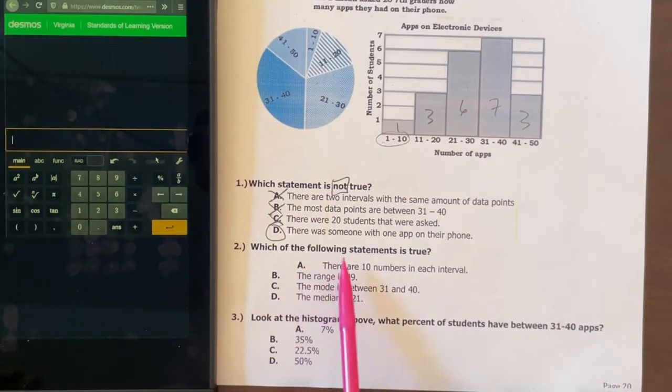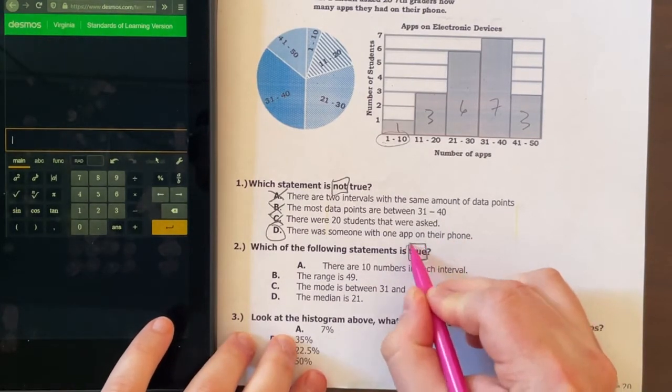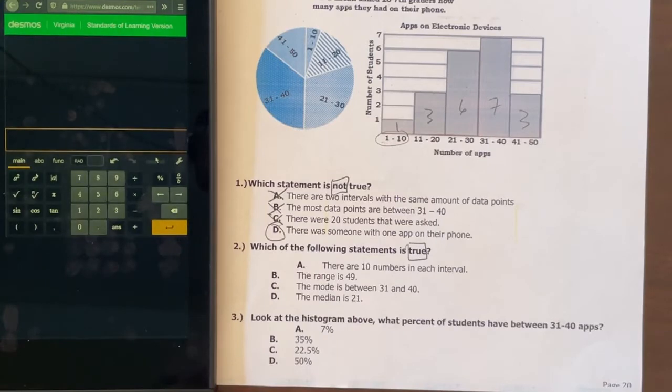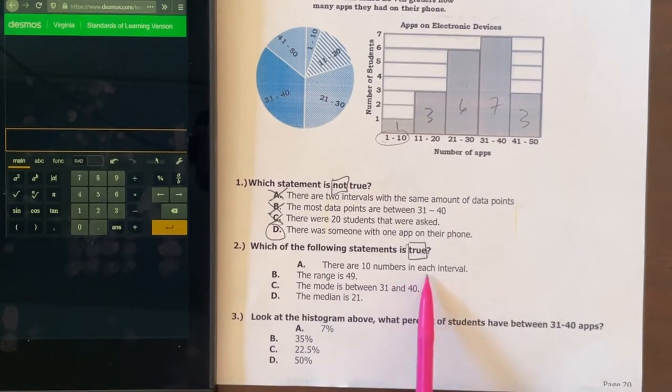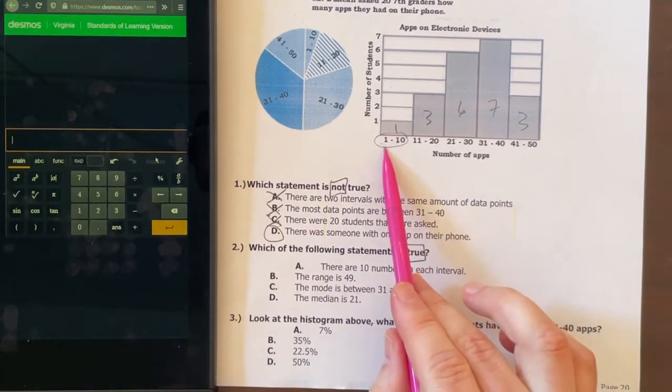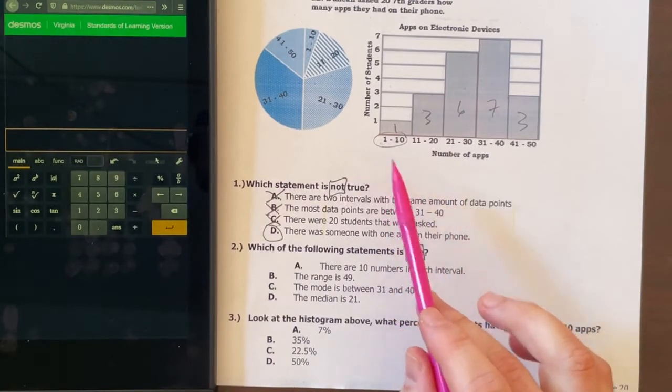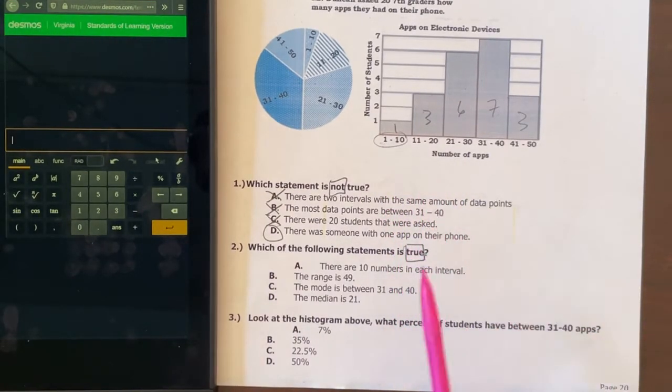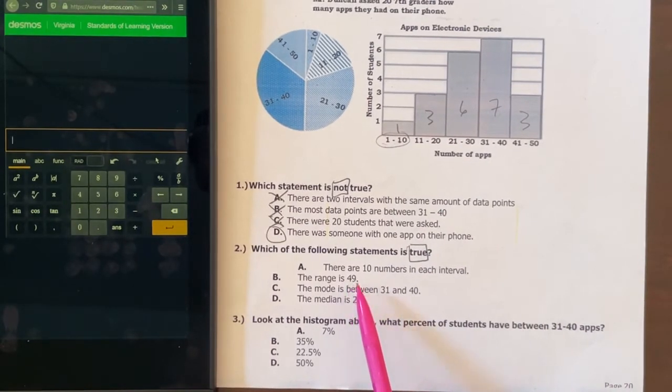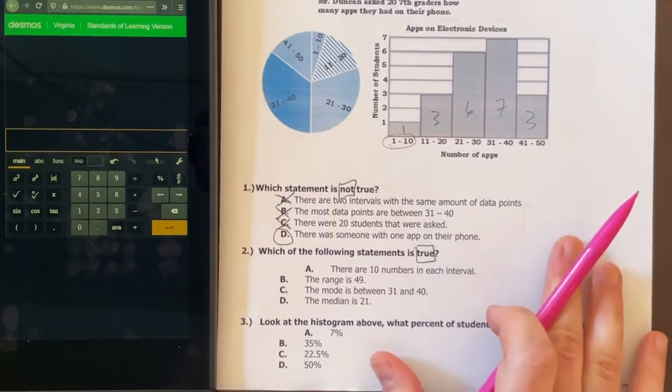For number 2, it says which of the following statements is true. So we're looking for just one true, which means 3 of these are false. For A, it says there are 10 numbers in each interval. That's possibly true. We have 1, 2, 3, 4, 10. I believe that's true. The mode, you're not going to be able to get that using a histogram.